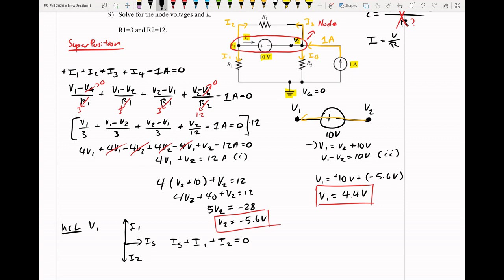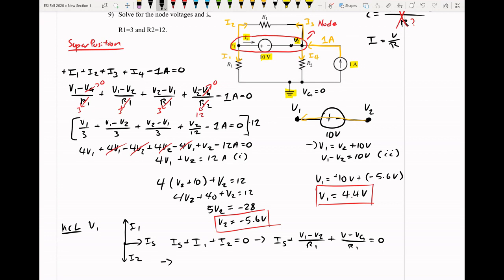Then I can start replacing things that I know. IS plus, for I1, V1 minus V2 over R1, plus V1 minus VG over R1, will be equal to 0.